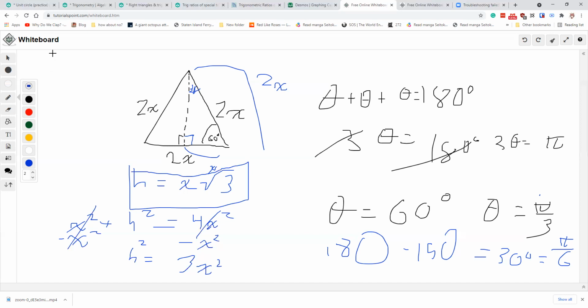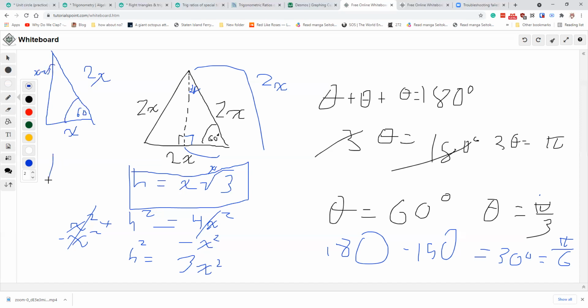And so what we have is that if we have any 30, 60, 90 right triangle, and the side adjacent to the 60-degree angle is x, then we know that the hypotenuse is equal to 2x, and that the opposite is equal to x root 3.